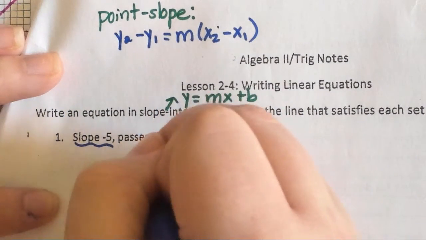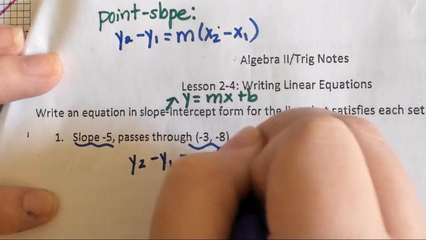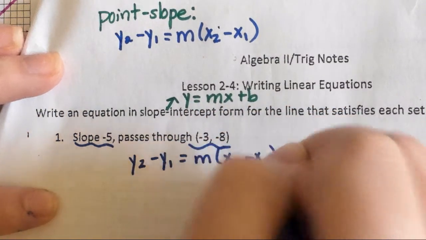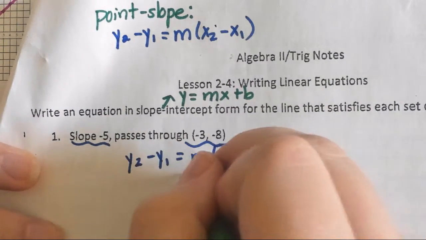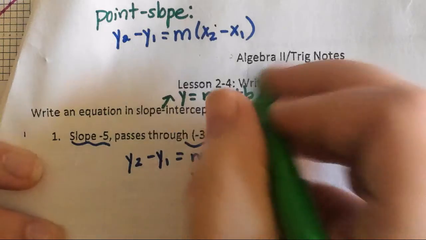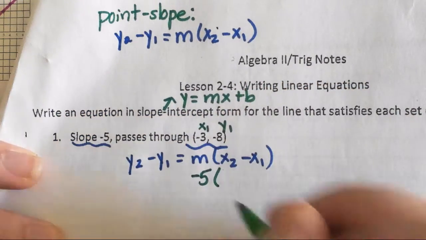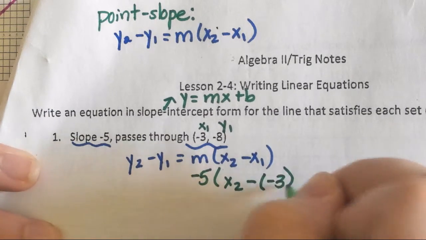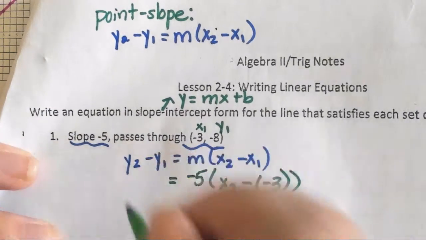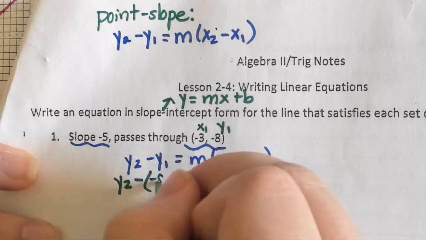Okay, so you know me, I like to write the formula in. y2 minus y1 equals m times x2 minus x1. For my m, I know it's negative 5. I'm going to plug this in for x1 and y1. So I'm going to have x2 minus x1 is negative 3. I'm going to have y2 minus, but darn, y1 is negative 8.